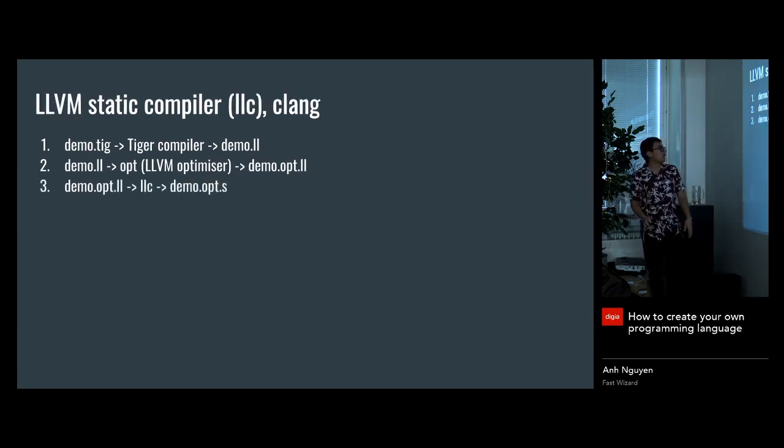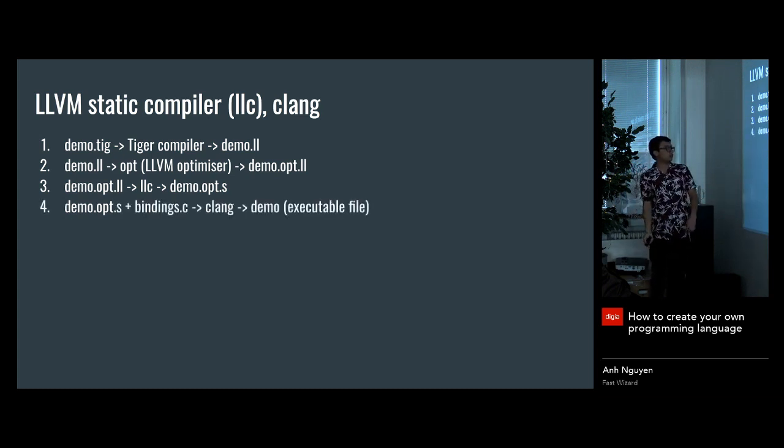And then after that, when we have the optimized version of LLVM, we compile it to assembly using the LLC. And after that, you link to some functions that are written in C using Clang. And after that, you generate the executable file.